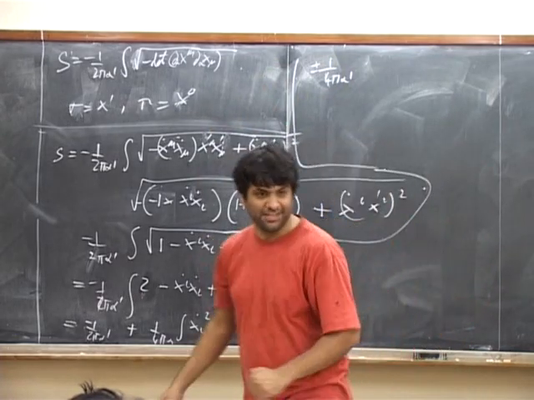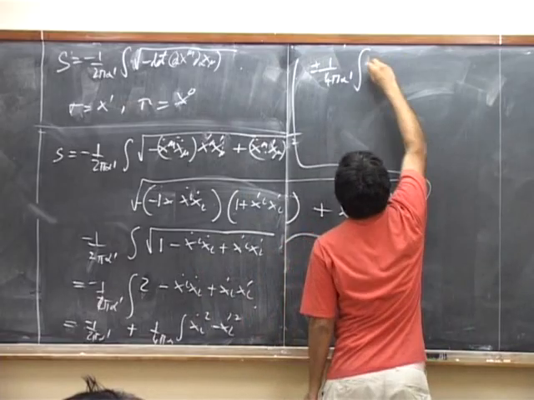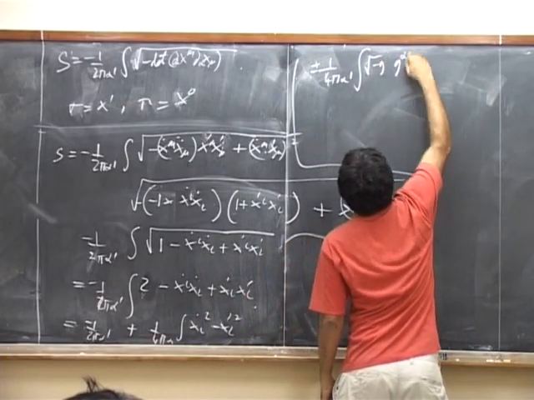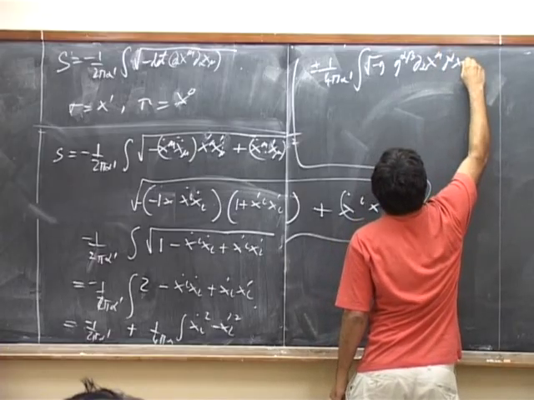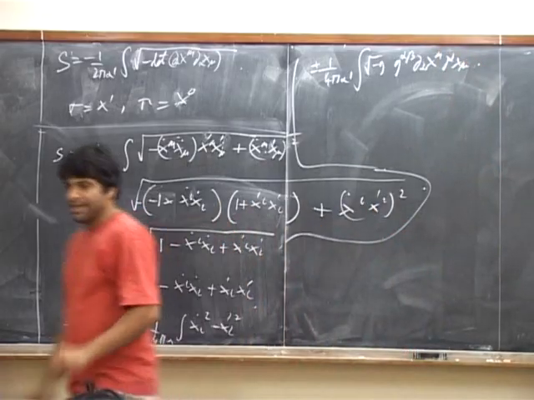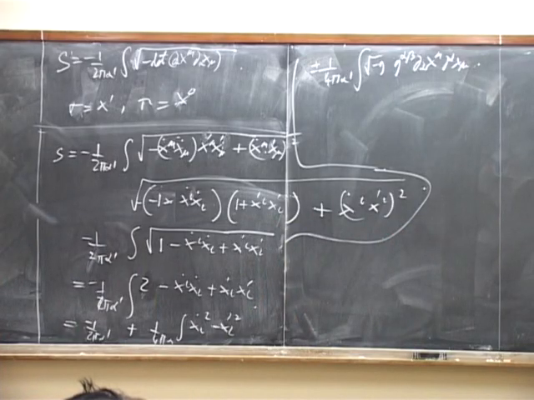We weren't sure which sign to take. 1 by 4 pi alpha prime square root minus g alpha beta del alpha x mu del alpha x mu. Okay, which sign should we be taking?